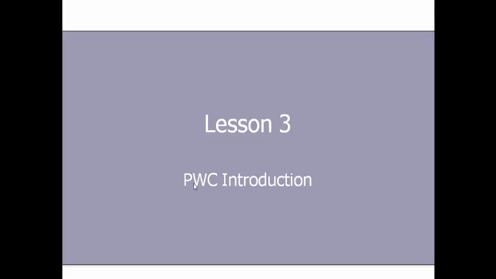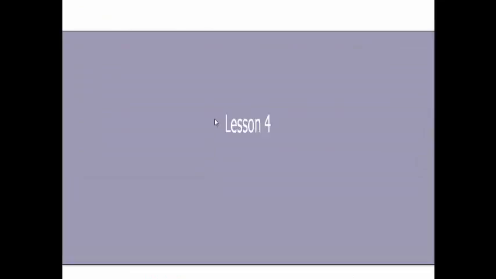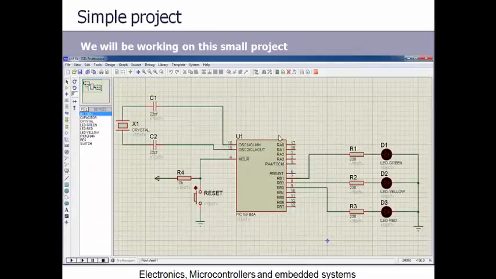Okay, as we said, we will use the PICC compiler, and this is just a preview of it. We will go through it with this simple example project. It's a simple traffic light: red, then go to green, green to red, passing through blinking yellow.